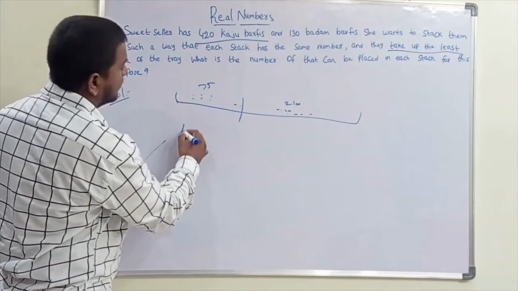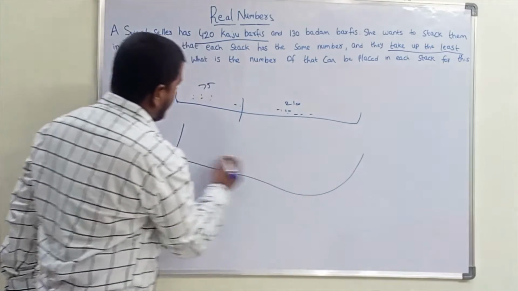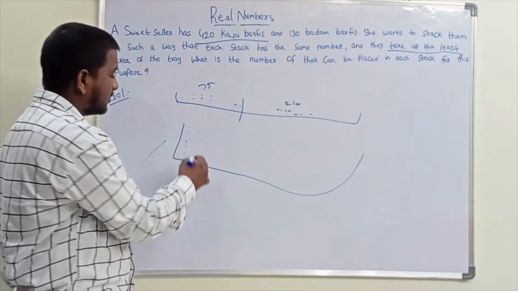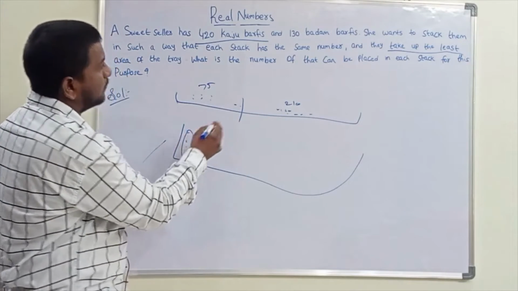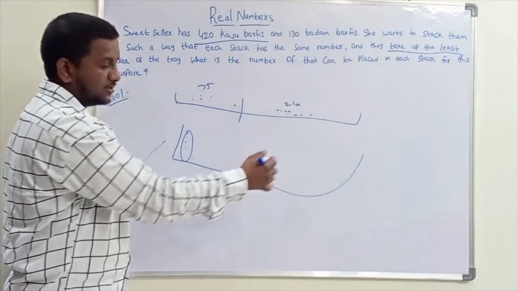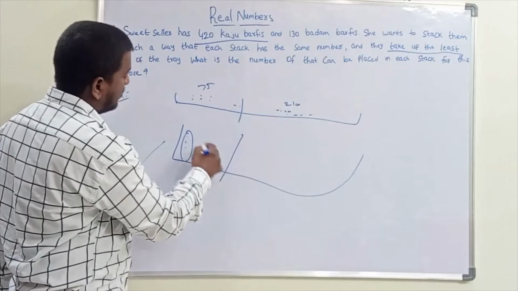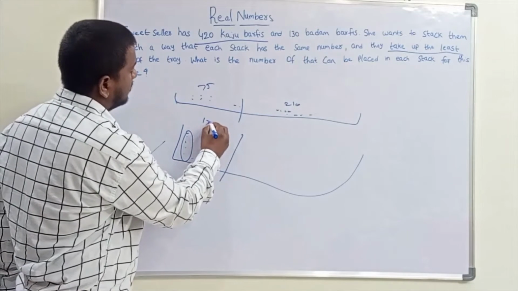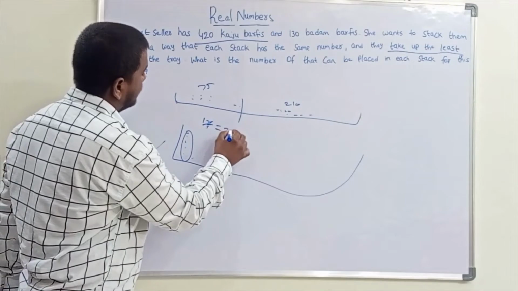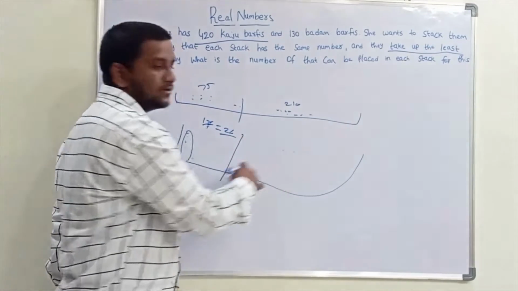The next is we can try with 5 in each stack, let's say 5 columns. Stack size is 5. In each stack we can place 5 badam barfis or 5 kaju barfis. Then how many stacks will it take? It is 130 divided by 5, so 26, and similarly kajus will also take less.